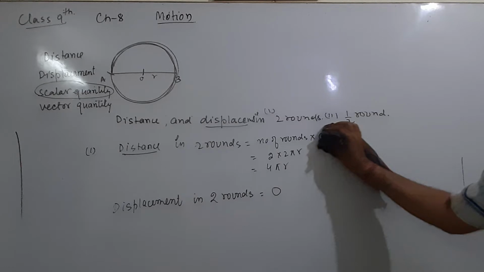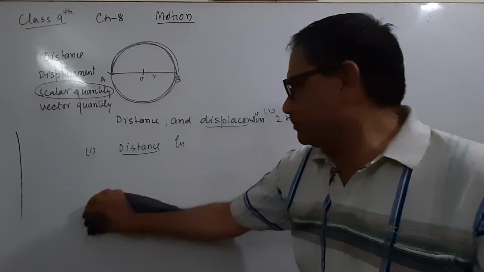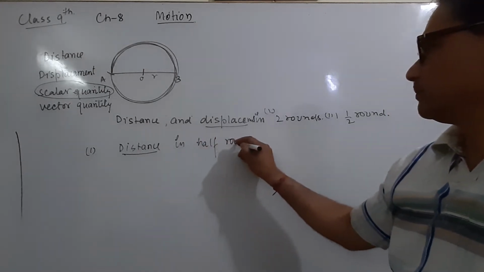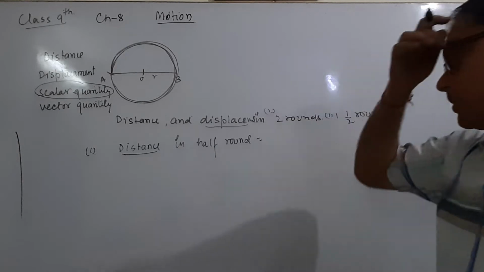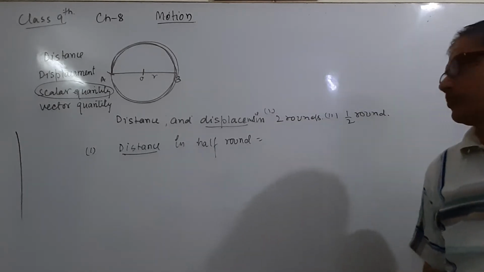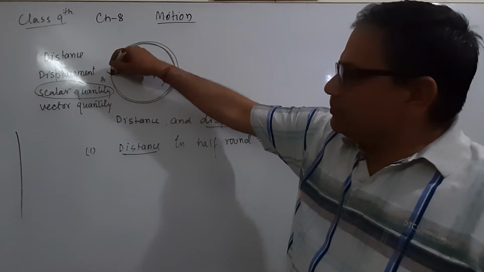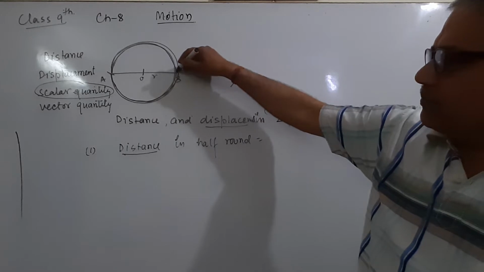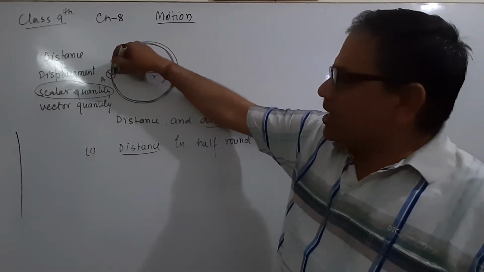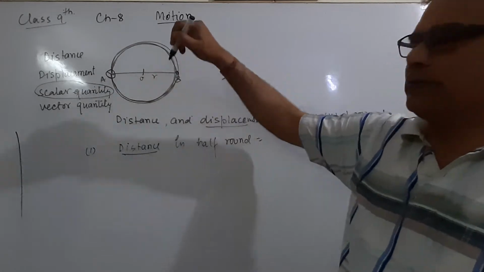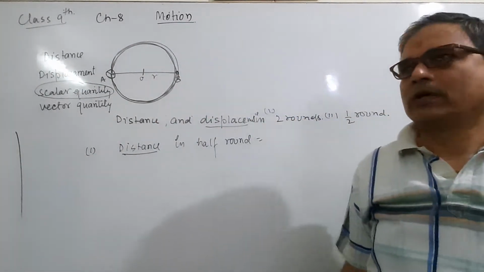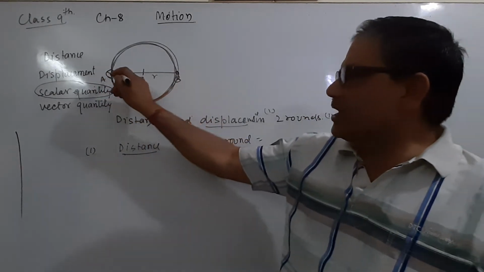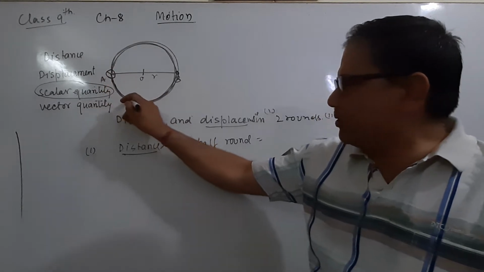And the next part was half round. In half round, what is the distance and what is the displacement? In half round, I start from A and reach B. Then how much distance did I cover? The actual path is covered from here to here.